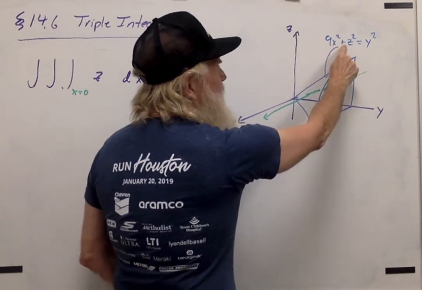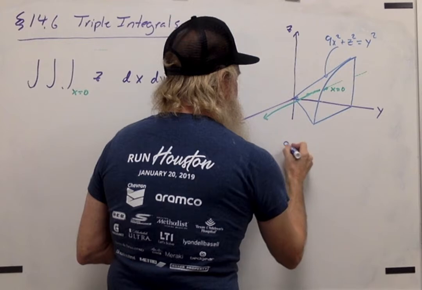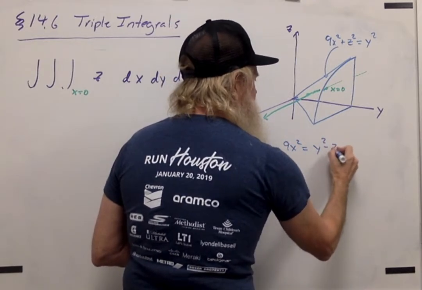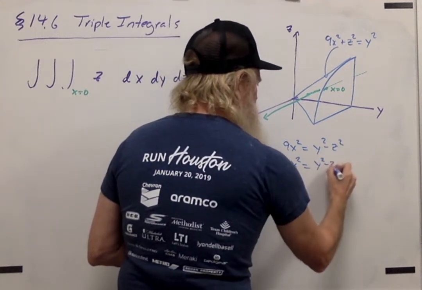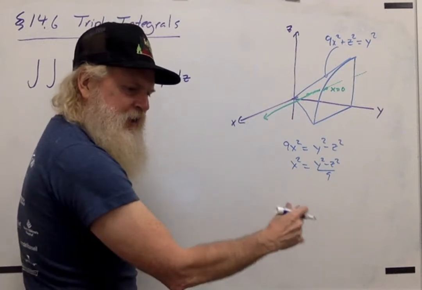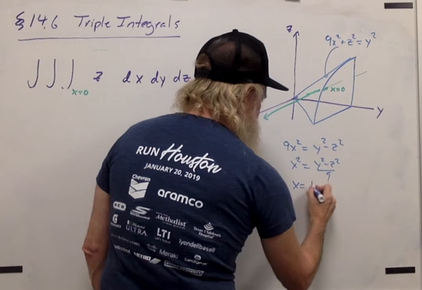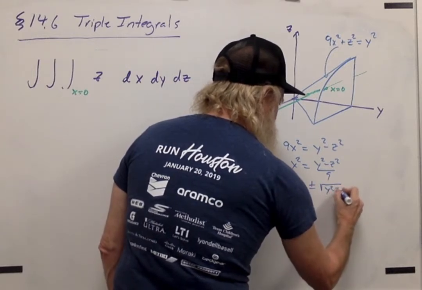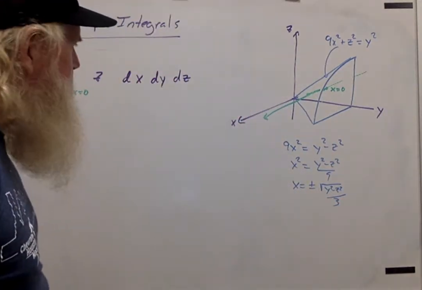So let's solve for x in the equation for the cone. 9x squared is equal to y squared minus z squared. So x squared is y squared minus z squared over 9. So if I take square roots, I'll get x equals plus or minus the square root of y squared minus z squared over 3.